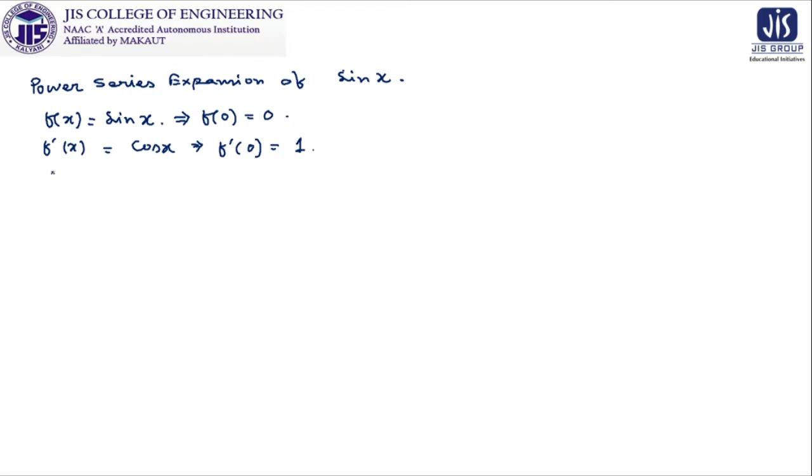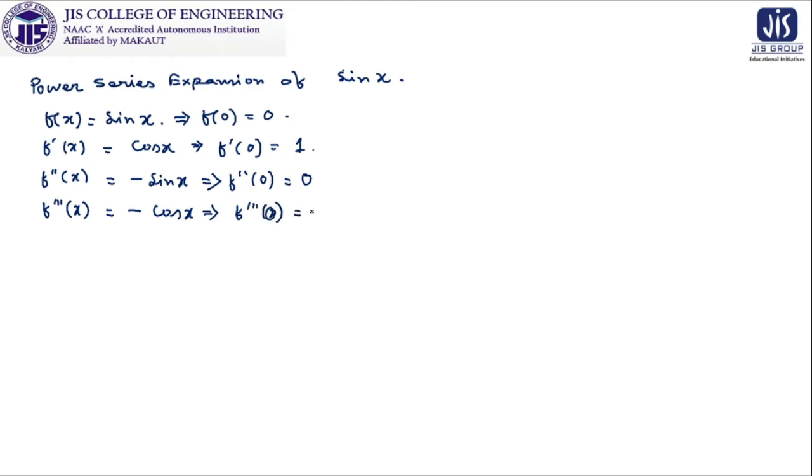In a similar manner, f''(x) will be minus sin x, and we can write f''(0) is equal to 0, and f'''(x) is equal to minus cos x, which implies f'''(0) is equal to minus 1, and so on.